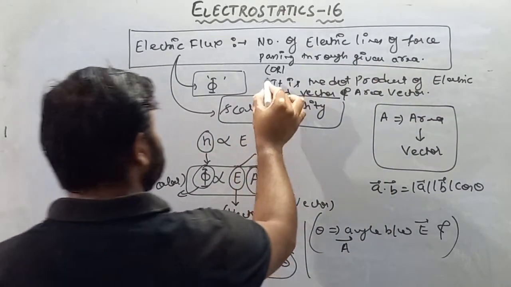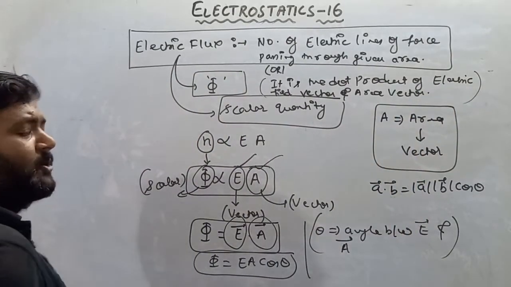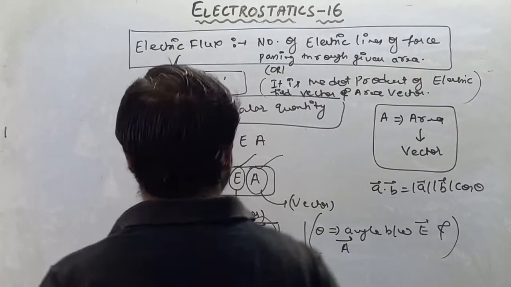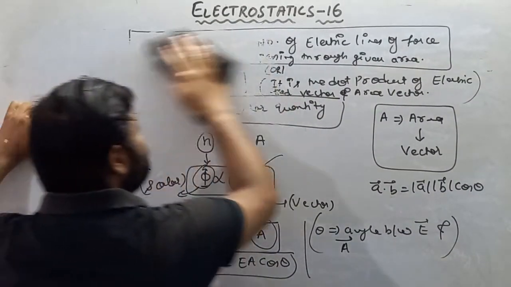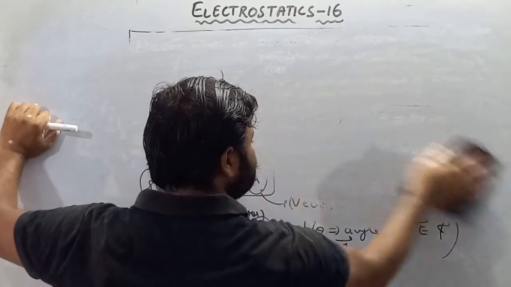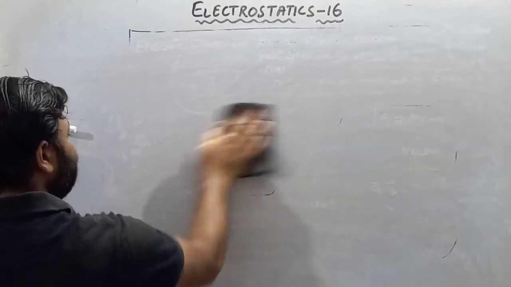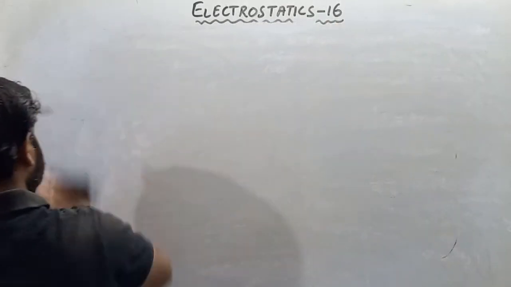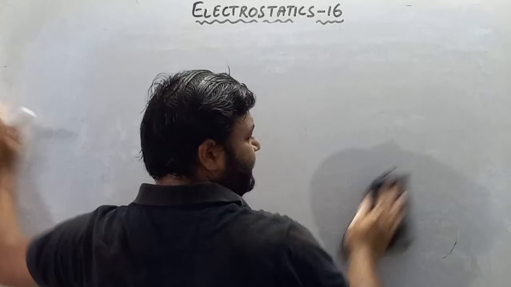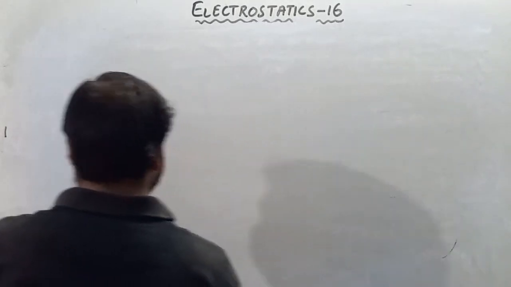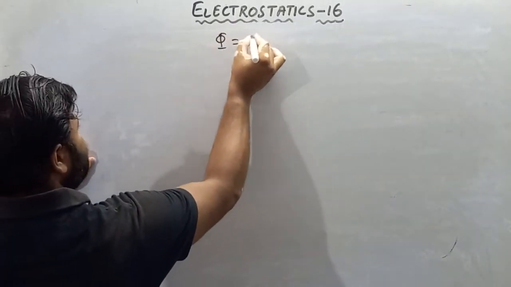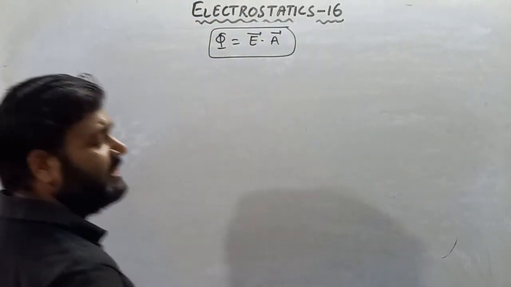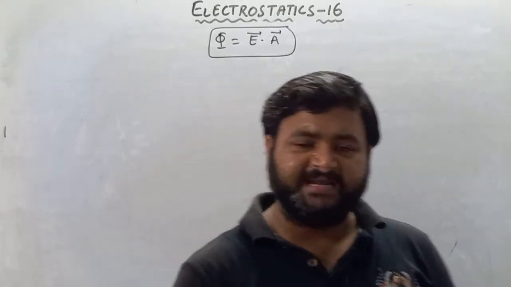So remember, my dear student, flux is nothing but the dot product of electric field and area vector. And in simple terms, you will say electric flux is nothing but electric lines of force passing through any given area. So flux is basically E vector dot A vector. This is the exact formula of electric flux.